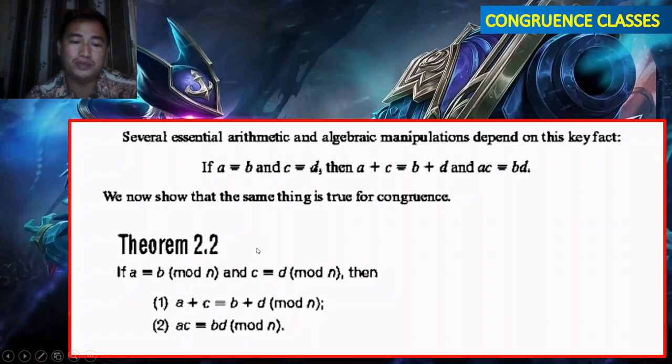So, sa congruence pod class, kana ang A congruent sa B mod N and then C congruent sa D mod N, then A plus C congruent sa B plus D. Butangan lang itong mod N class and then diri pod AC is congruent to BD, additional mod N. So, pare-parehas sa class Theorem 2.2 ani nga property sa equality.